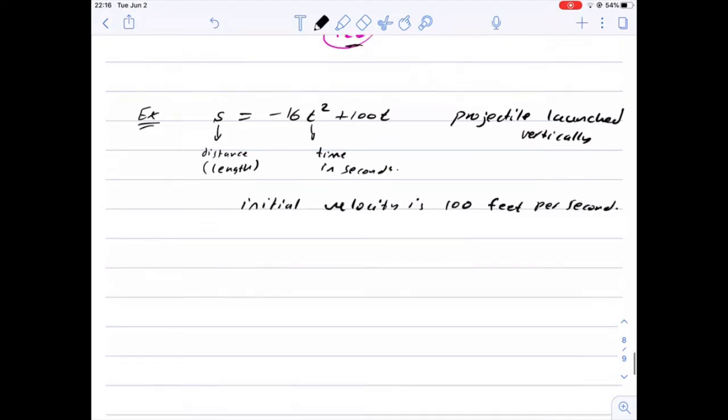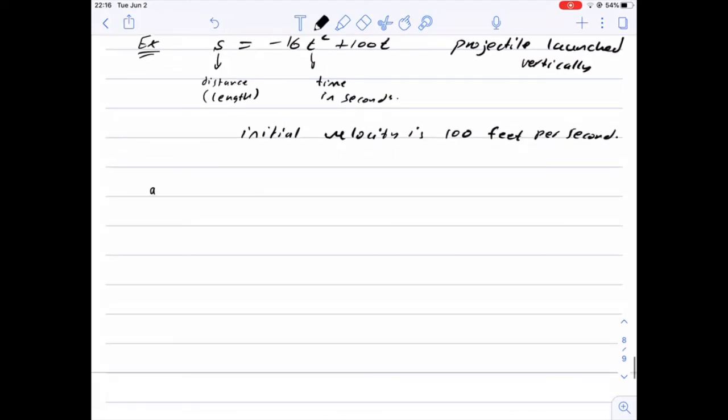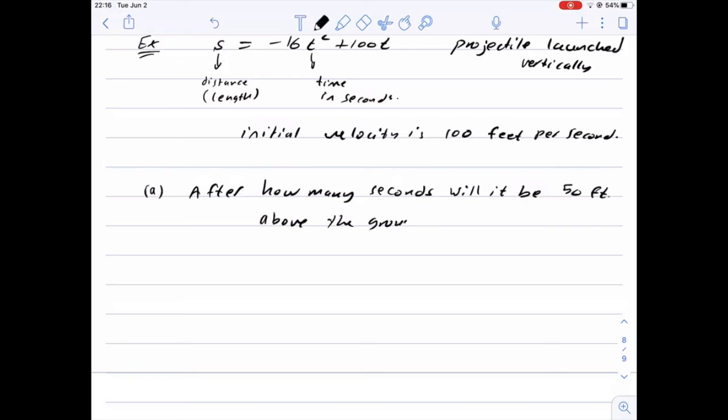Neglecting air resistance. Now the first question is, after how many seconds will the projectile be 50 feet above the ground?